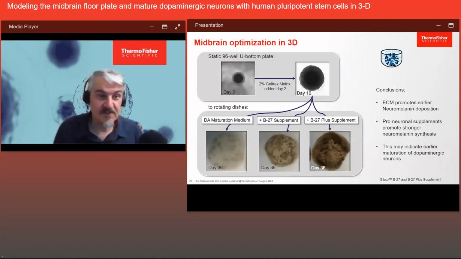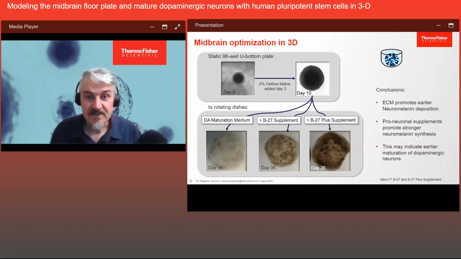Furthermore, we can also use neuromelanin to optimize the maintenance medium for our organoids. So in these experiments, we started with microwell organoids given dilute Geltrex, as seen at day 0, using the maturation medium from the DA kit, which is the leftmost image on the bottom, or adding to that DA maturation supplements that promote neuronal health, B27 in the middle picture or B27 plus in the right picture.